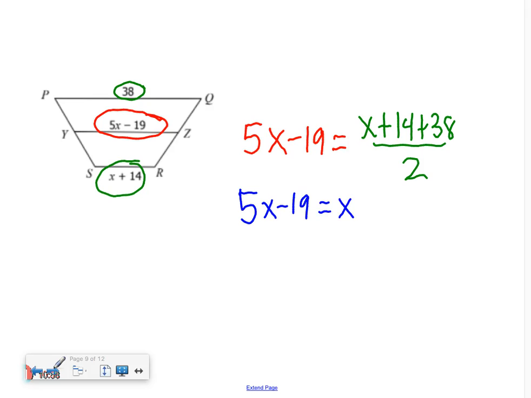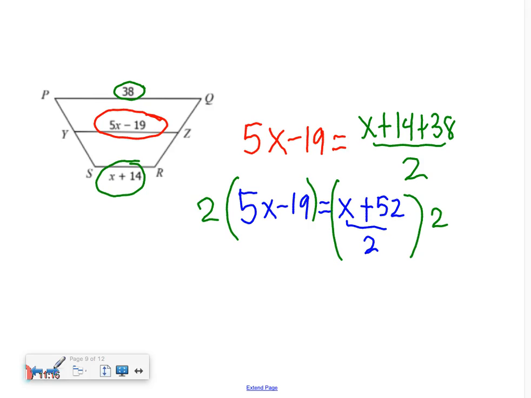14 plus 38 gives me 52. 52 over 2. I don't like working with fractions, so I always get rid of it. How do I get rid of divide by 2? Multiply by 2. Then I take this whole thing times 2. 10x minus 38, perfect, those just cancel.